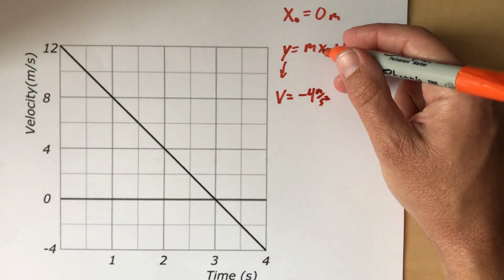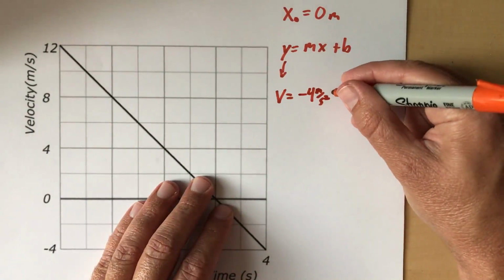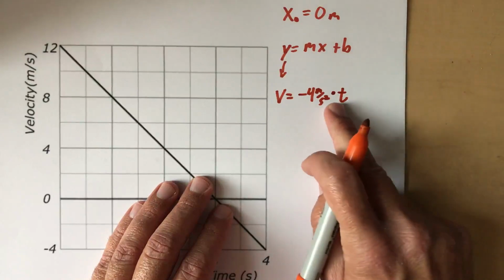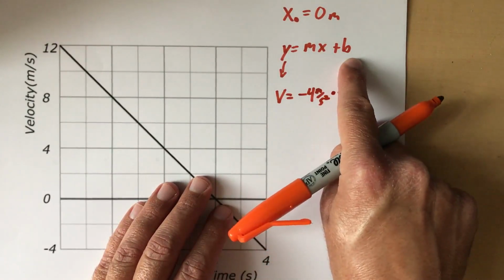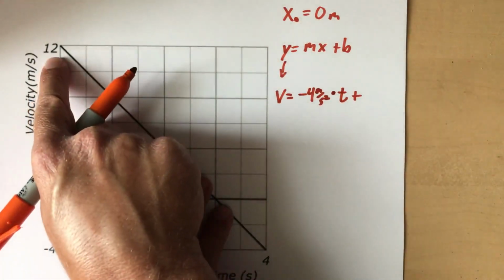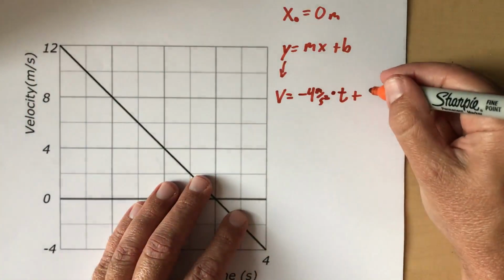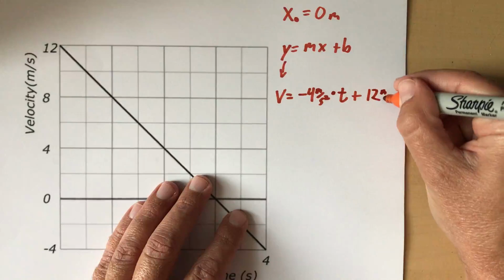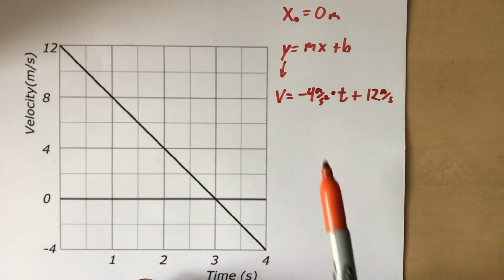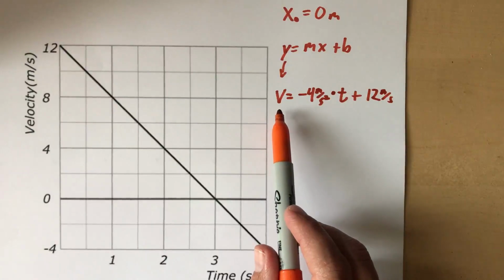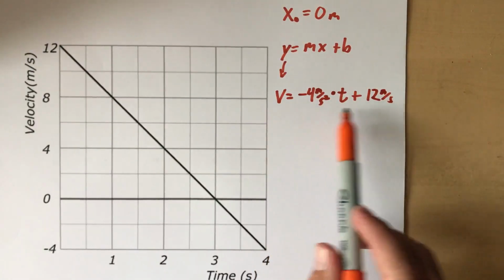The x-axis here represents the time, so we'll multiply that slope times the time. And the b value here is the y-intercept, which is 12. So the initial value was 12 meters per second. So we've created an equation based upon this graph that the velocity at any given time can be predicted by plugging into this equation.